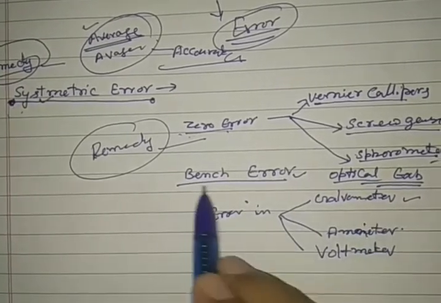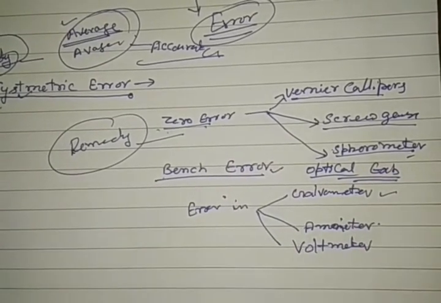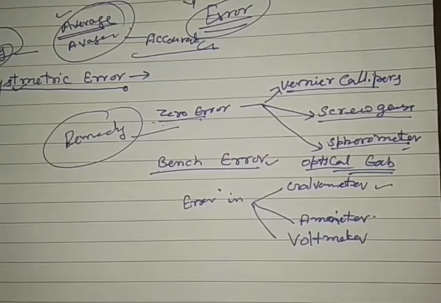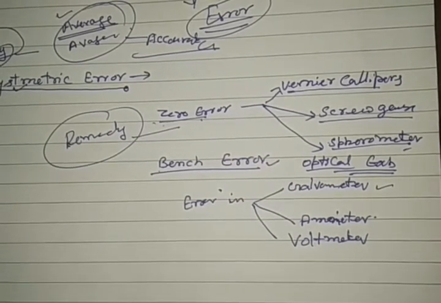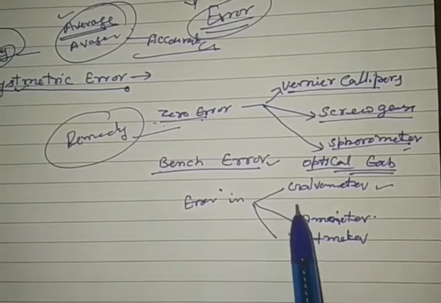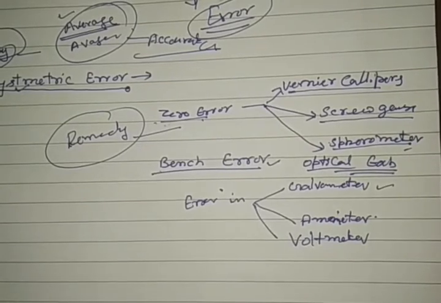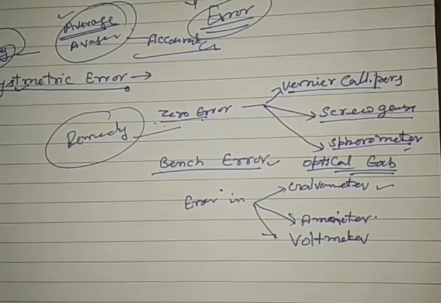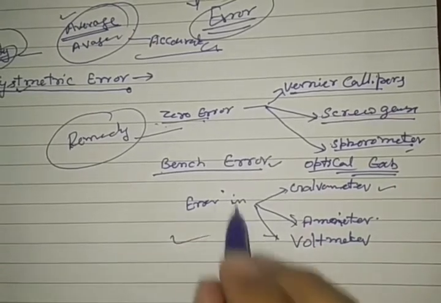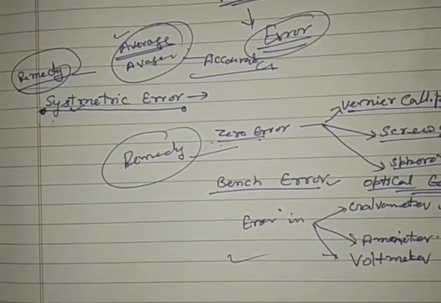In this experiment we do bench corrections, and before taking readings with a galvanometer, ammeter and voltmeter, there is a procedure to remove this error: the deflecting pointer is made to coincide with the zero line of the scale before taking the observations. So this is the remedy in case of systematic error.